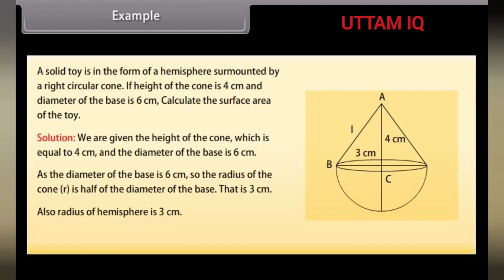Now to find the surface area of the toy, we need to find the curved surface area of the cone and curved surface area of the hemisphere. The curved surface area of the cone is equal to pi r l. So, now we have to find the value of l, slant height.